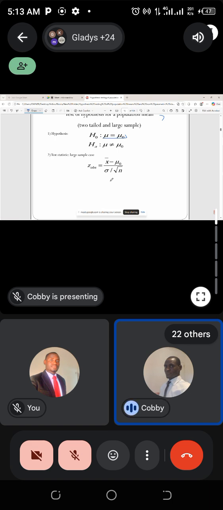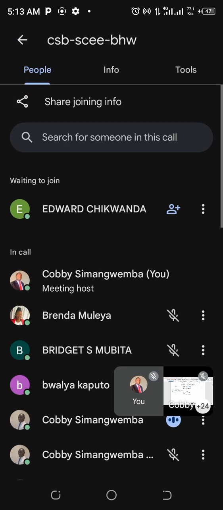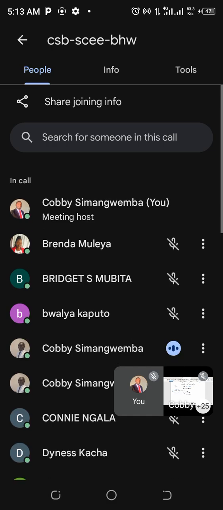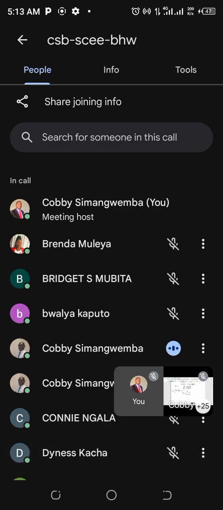Normally we use a p-value, but today we find the concept of the test statistic. In the z-test and other tests that we are going to look at, instead of finding the p-value, here we are finding the test statistic, which you have to calculate. This test statistic is calculated using this formula.